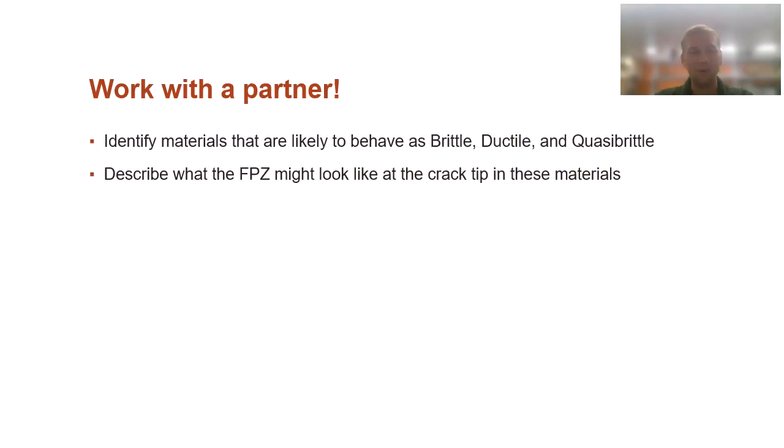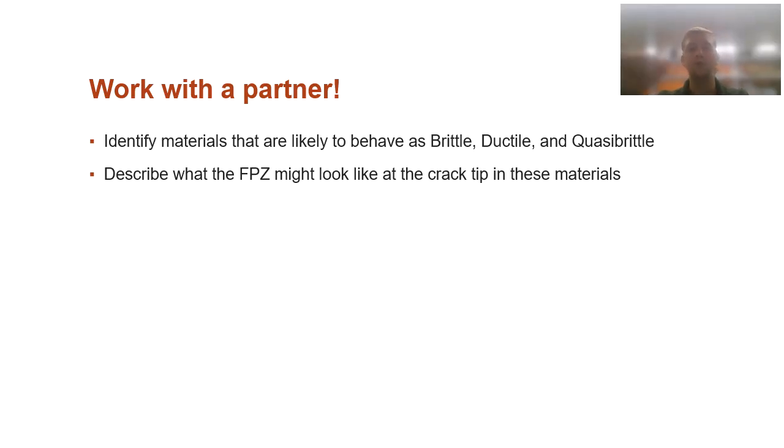All right, here's some fun time for a class activity. Let's test your basics. So we're going to work with a partner here. You can write this down, or you can just shout it out to me, whatever works better. I want you to identify a couple different materials that would behave as brittle, ductile, and quasi-brittle.